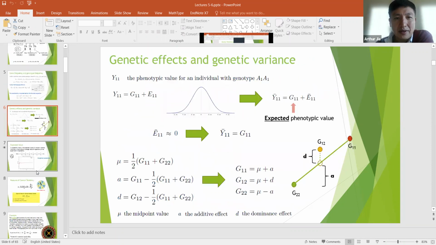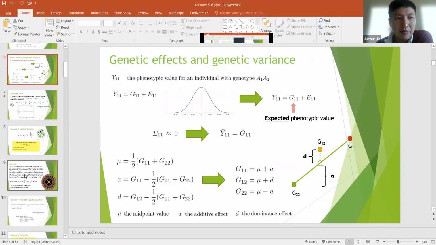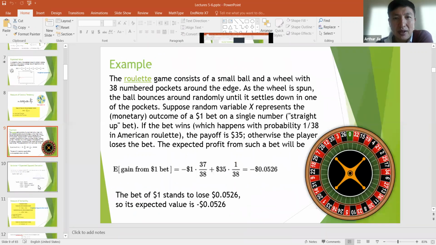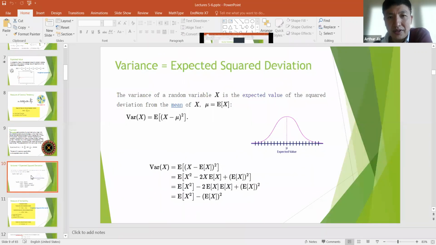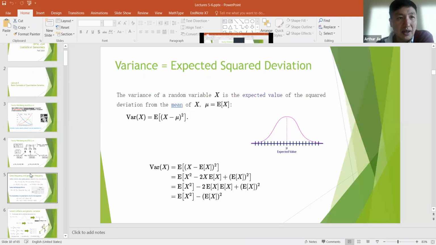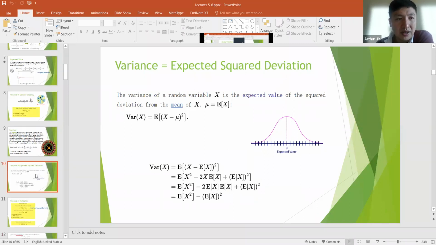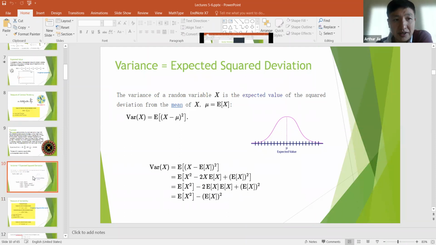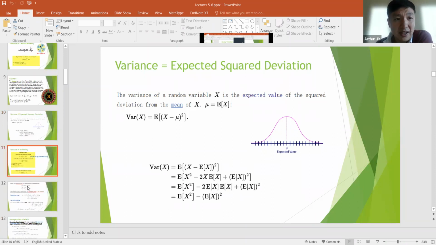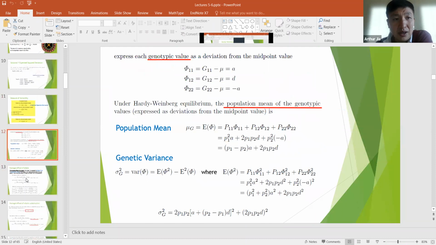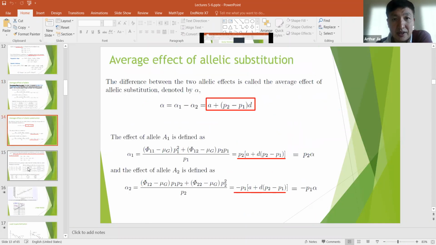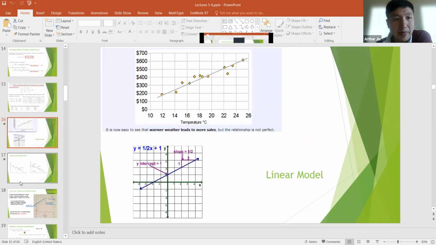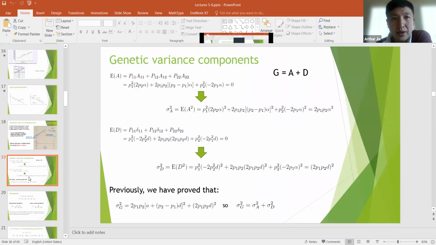And if a locus is following this Hardy-Weinberg equation, equilibrium, if this population is an F2, let's say, you need to know how to calculate the basic things here. Let me show you here.